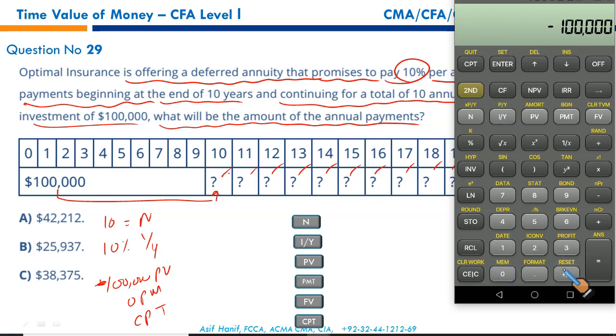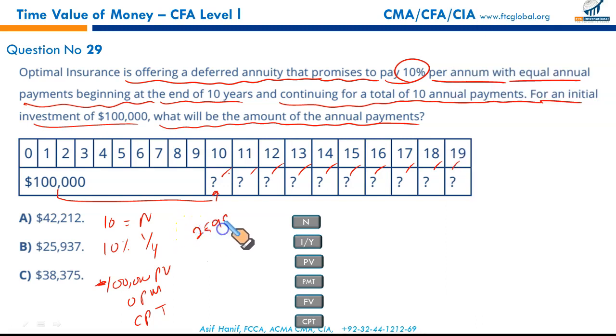Negative is the present value, 0 payment. What will be its future value? 259,374.246.